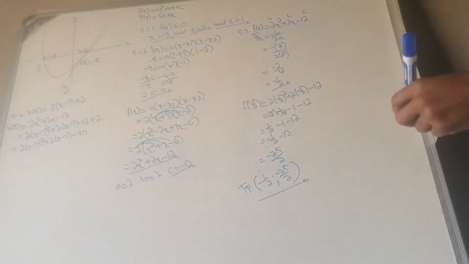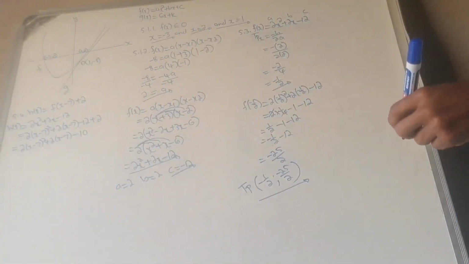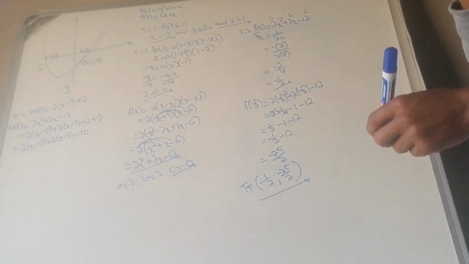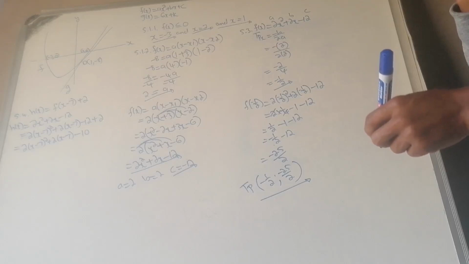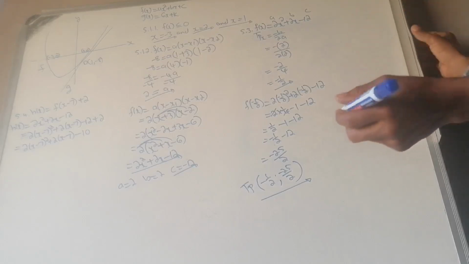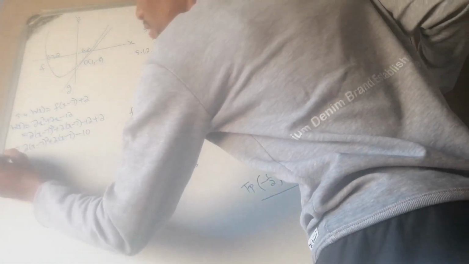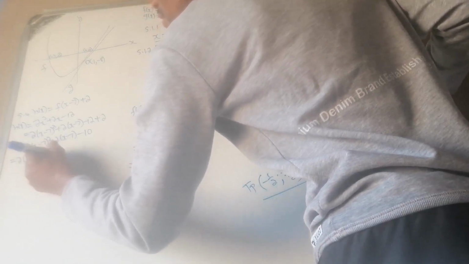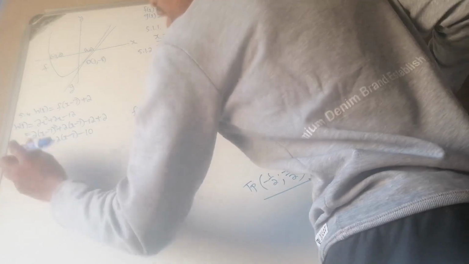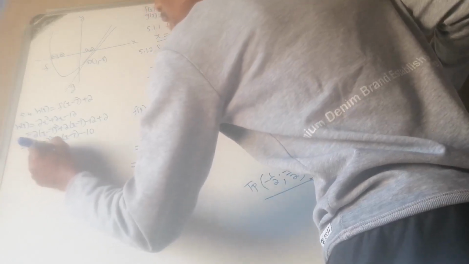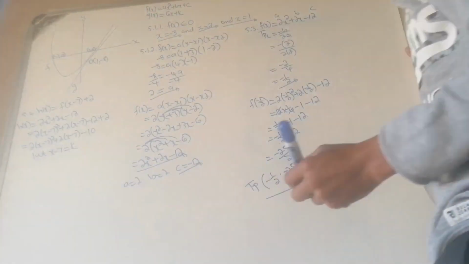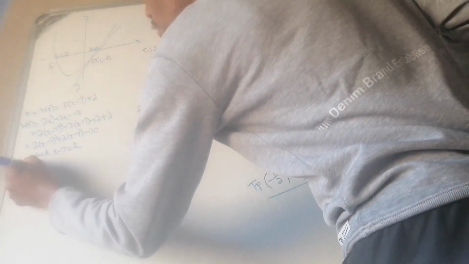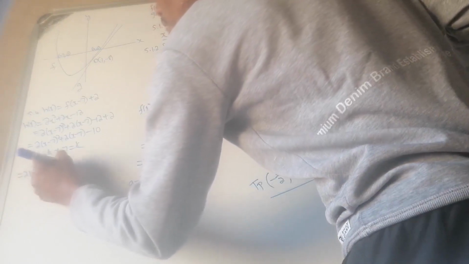I can say let x minus 7 be equal to k. Then I get 2k squared plus 2k minus 10.